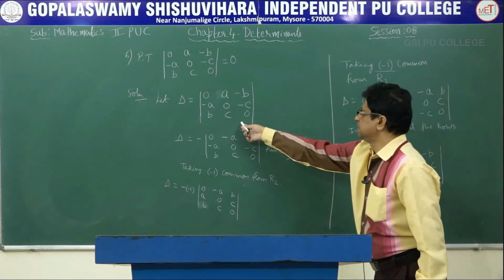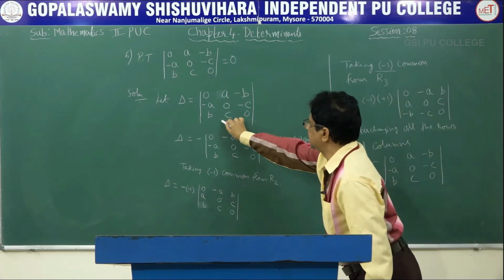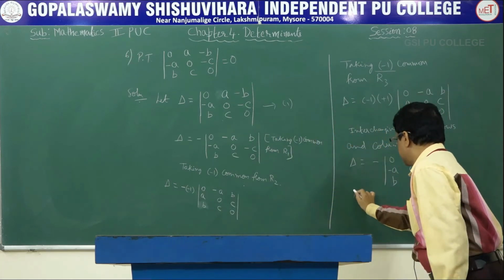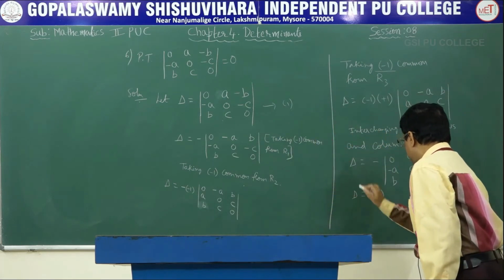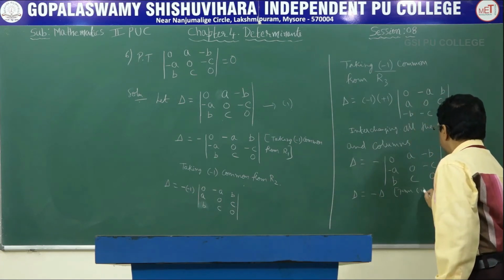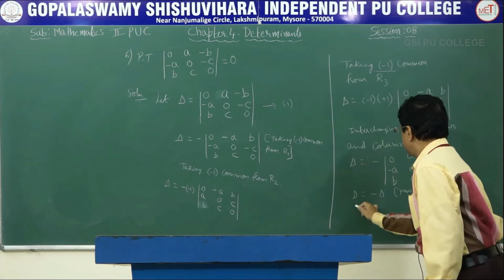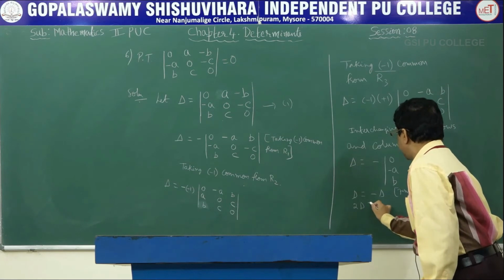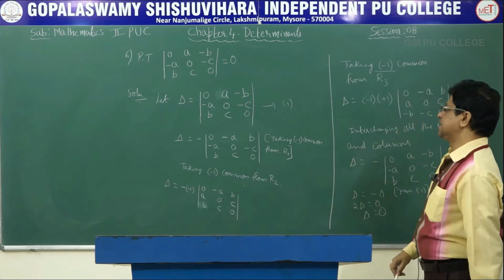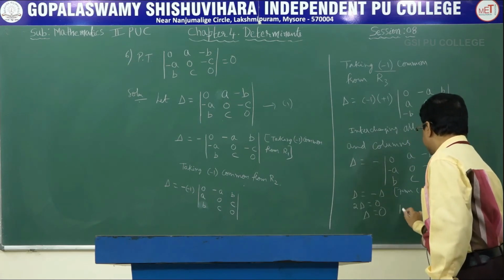If you observe, the whole determinant is nothing but delta. We call this as 1. That is delta equals minus delta. This is from 1. So, delta plus delta, that is 2 delta, will be equal to 0 and delta is equal to 0. Hence, the result.